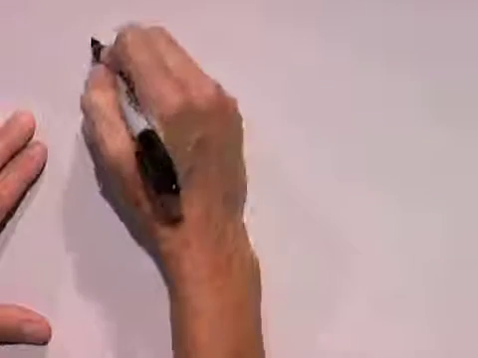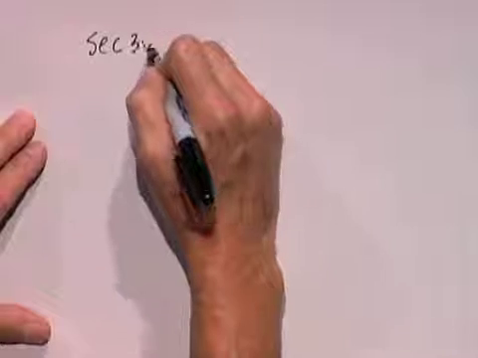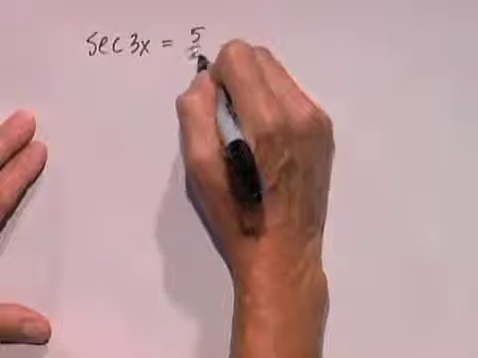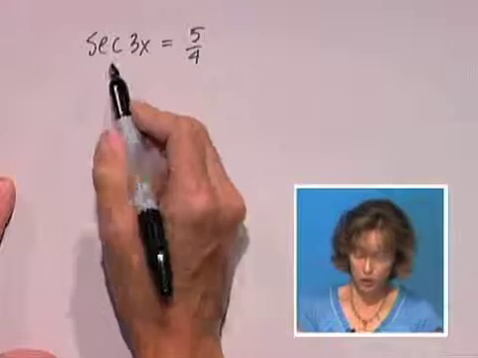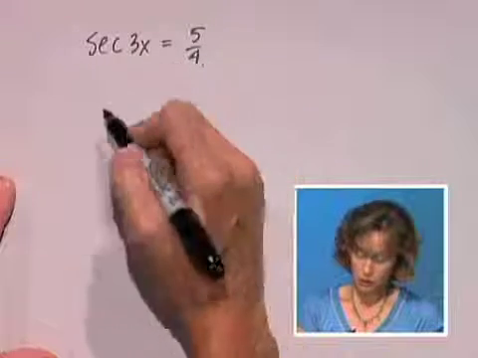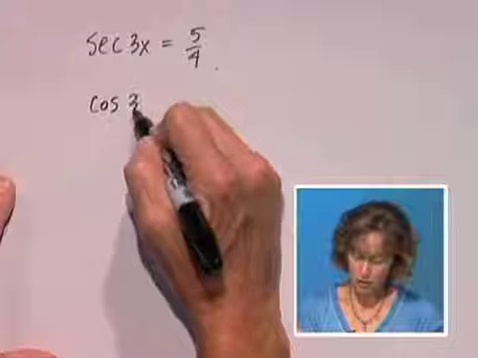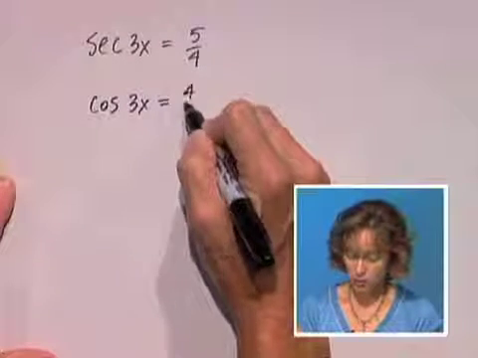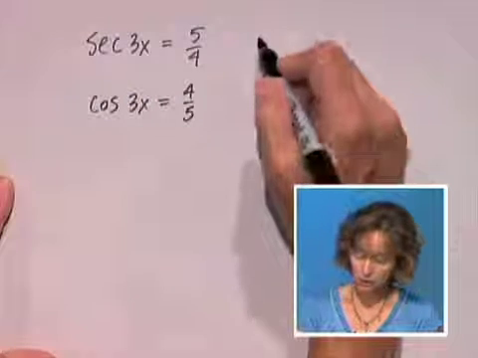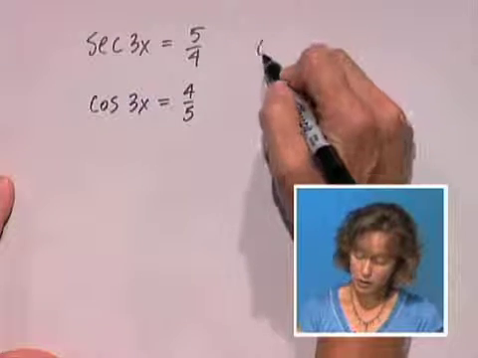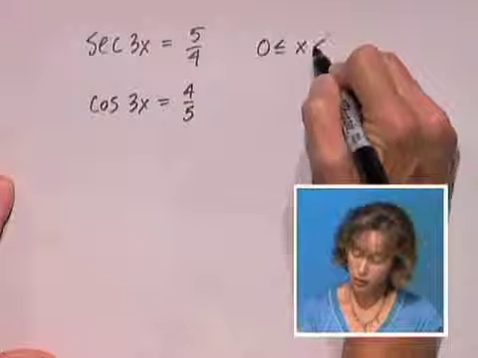So I'm at the point where I have secant 3x is equal to 5/4. I'm going to use the reciprocal function for secant and say that if secant 3x is 5/4, then cosine 3x must be 4/5.